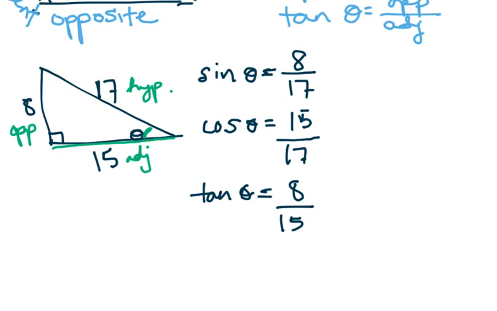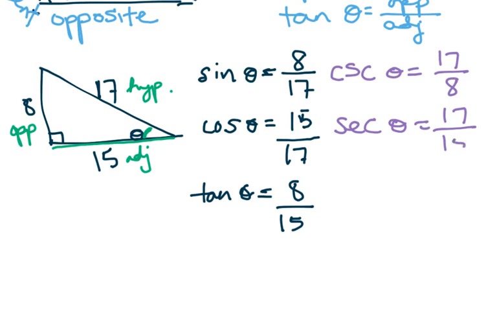Then if you do the other 3, remember the reciprocal of sine is called cosecant. So cosecant of theta is 17 over 8. The reciprocal of cosine is called secant. So secant of theta is the reciprocal.